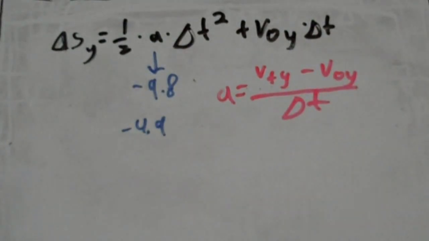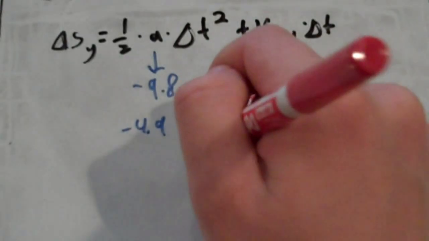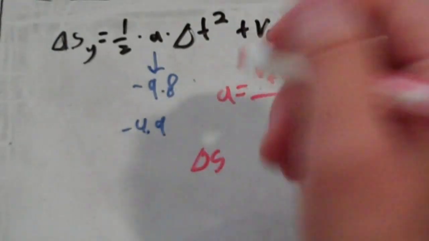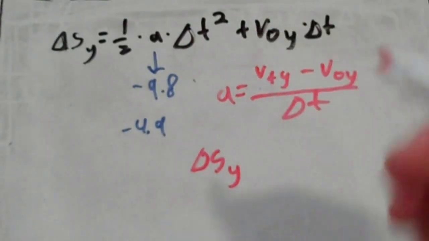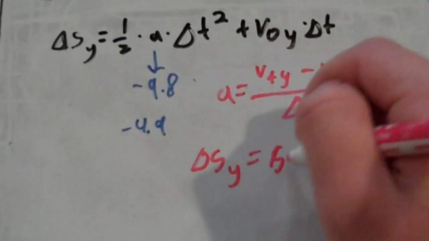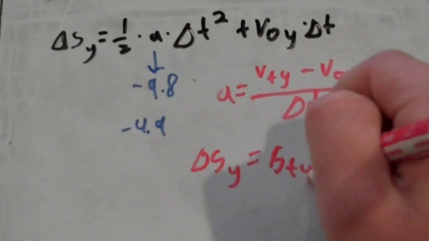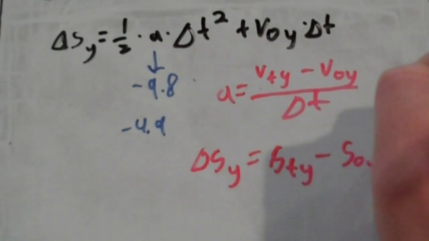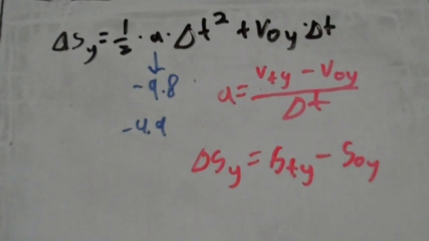Now, the final velocity minus the initial velocity is the delta velocity, or change of velocity, and this is similar to the delta s, or the change in position or distance, and that is the final position minus the initial position, and that gives us how far it traveled, or the distance.